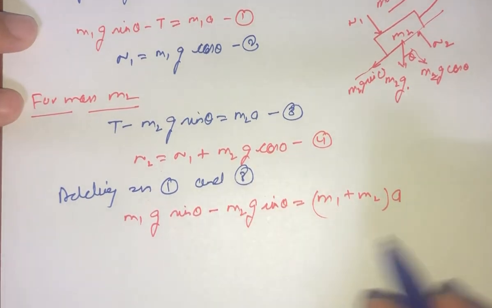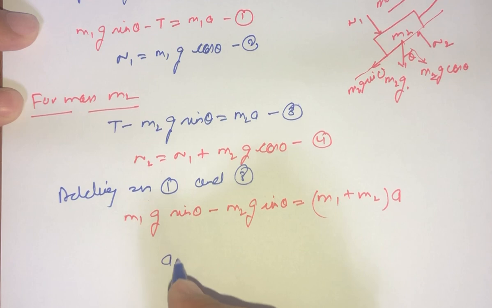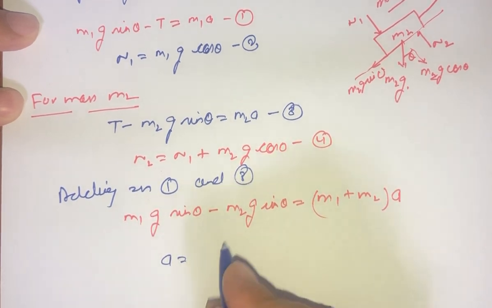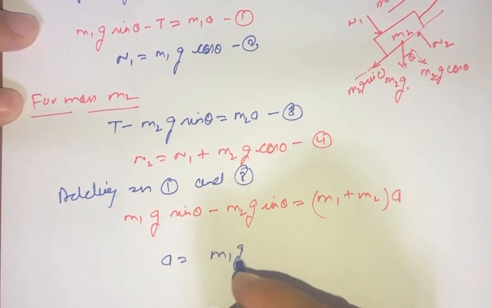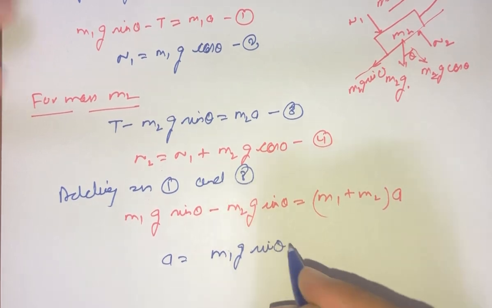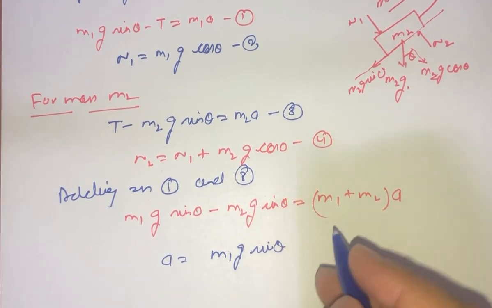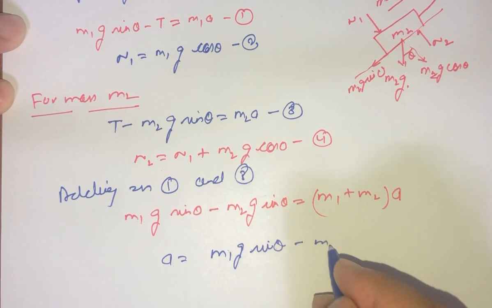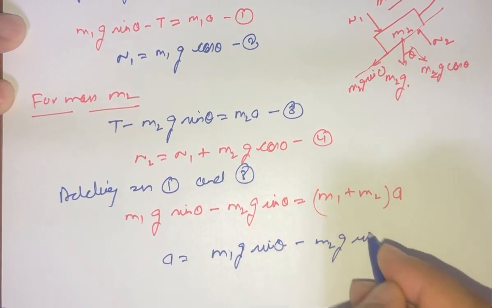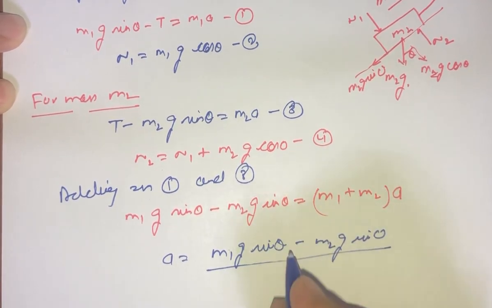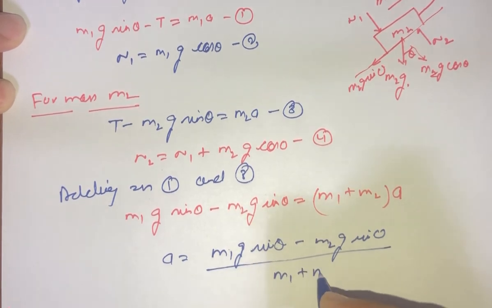From here we can directly get the acceleration equation. Acceleration will be equal to m1g sine of theta minus m2g sine of theta divided by m1 plus m2.